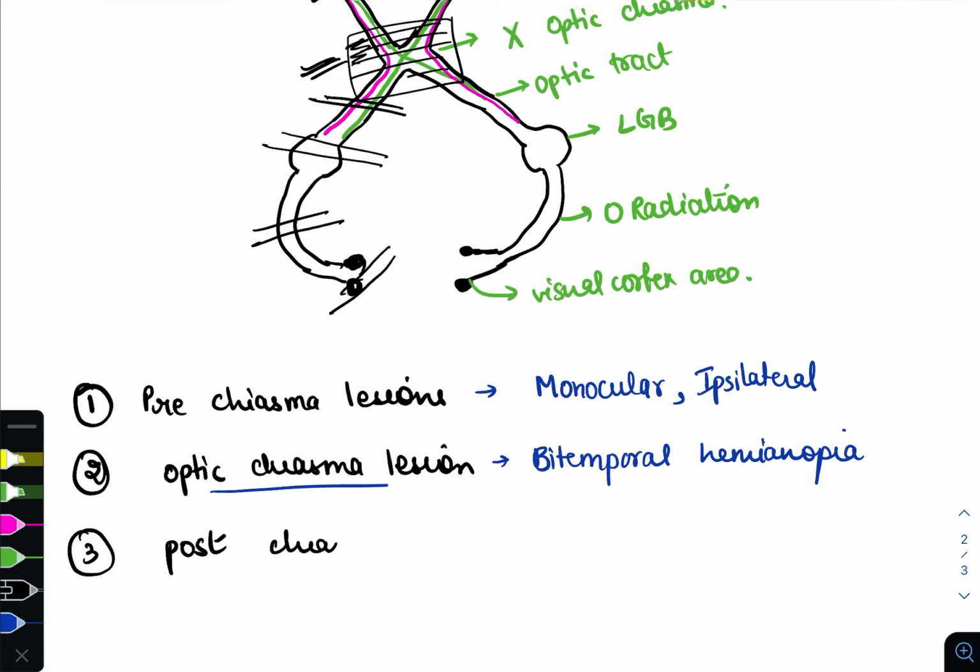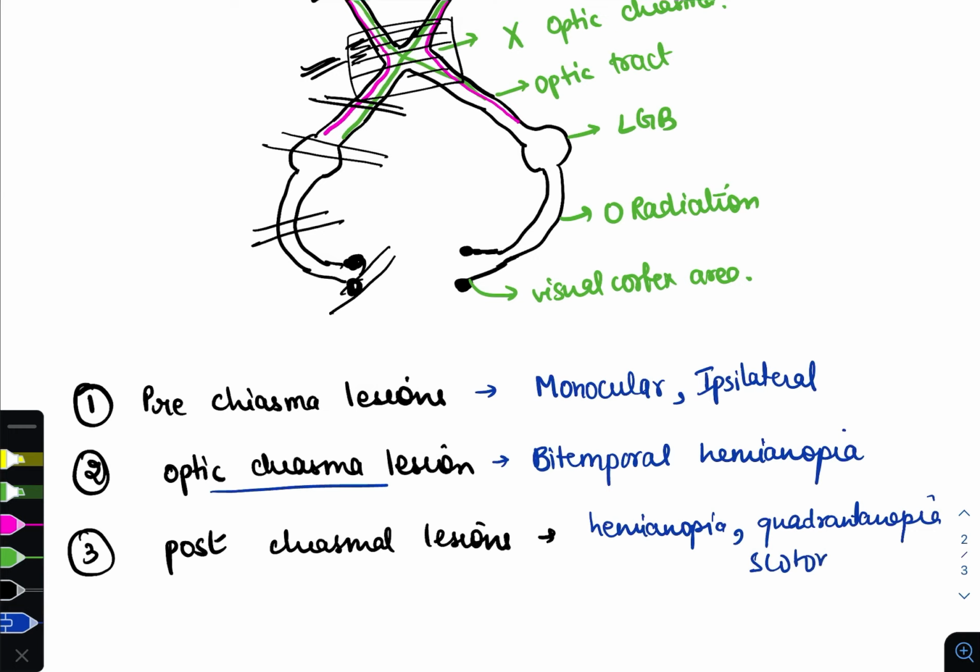In post chiasmal lesions we will see hemianopia, quadrantopia, or scotoma. In these structures both eyes will be involved. In optic chiasmal lesions also bilateral, and in post chiasmal lesions also bilateral anopias we will see.